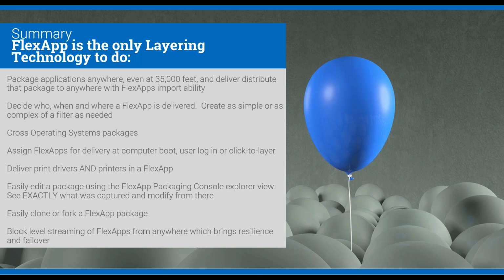We can also do failover. We can do failover from SMB share to SMB share. You've got two data centers. And the great thing about this failover is it does it automatically. No user or administrative intervention is required. So if share A goes down, the next time the user requests a block, the intelligence of the agent will know that A is down, and it will automatically flip over to share B and start grabbing blocks from that.